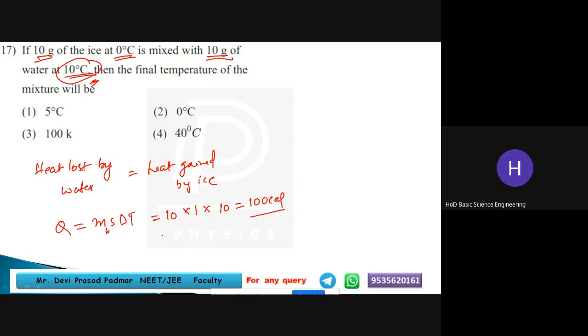Using that 100 calorie heat, you have to consider how much ice is melted. So we can write mass of ice that can melt.